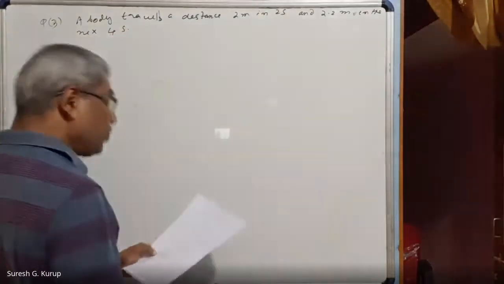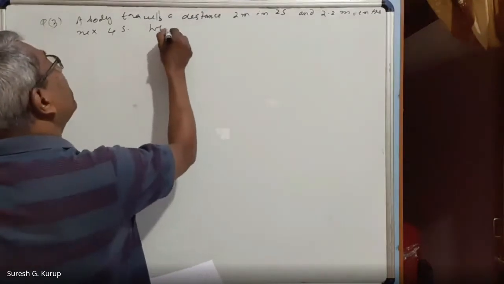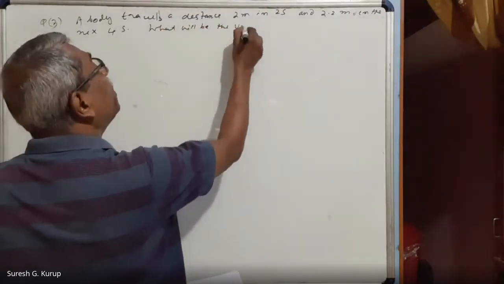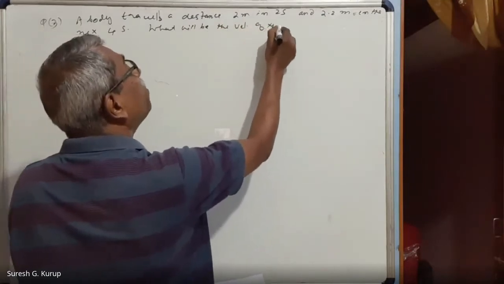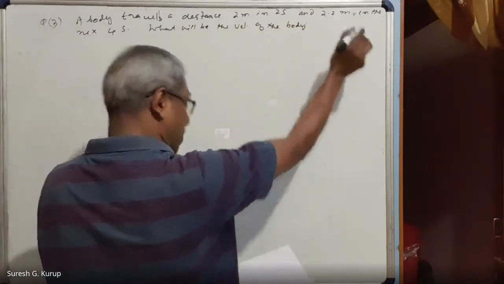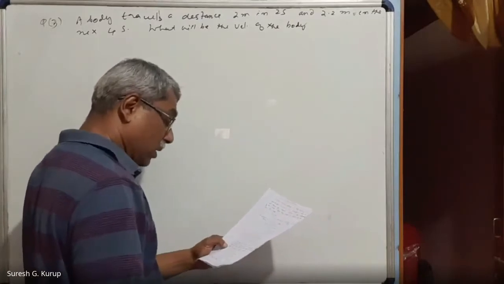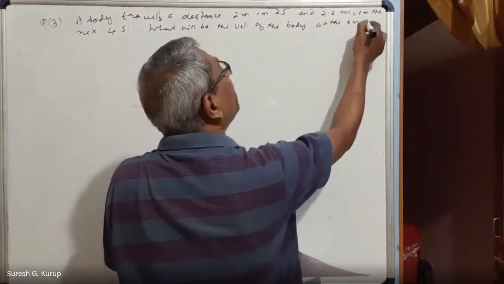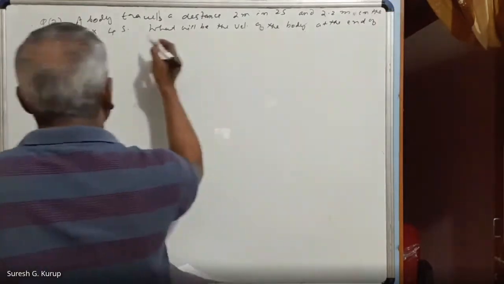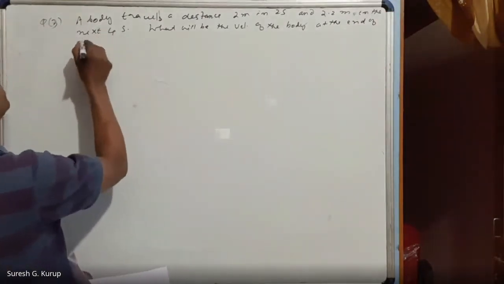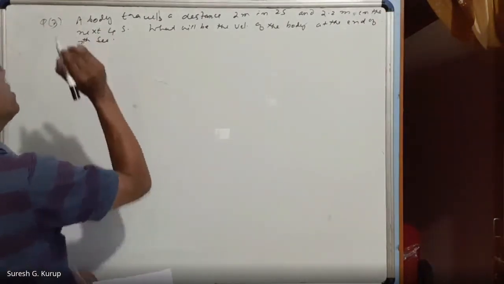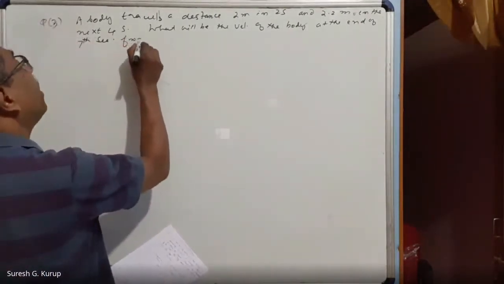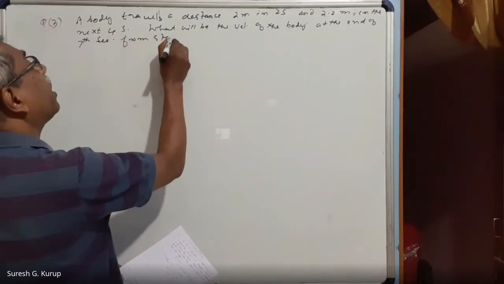What will be the velocity of the body at the end of 7th second from start? This is the question.